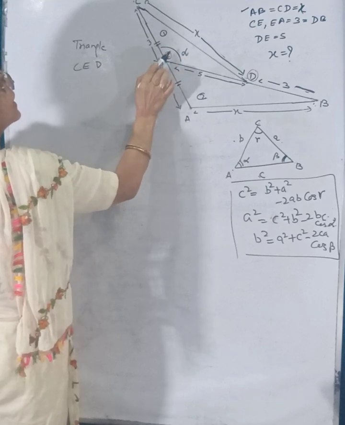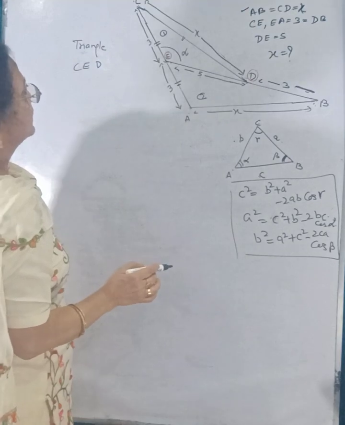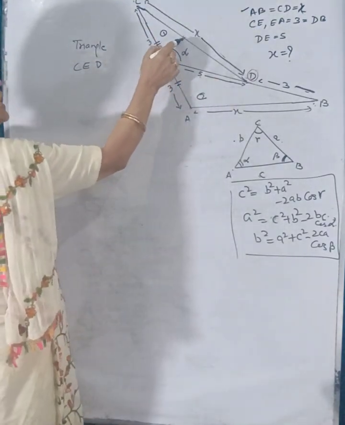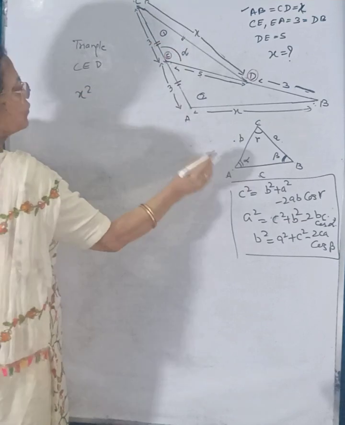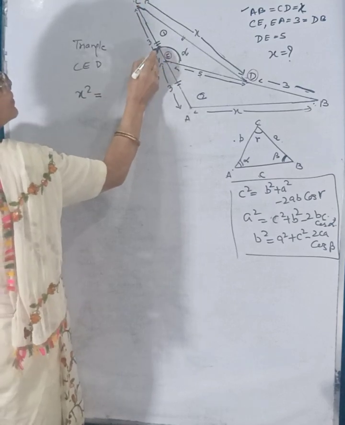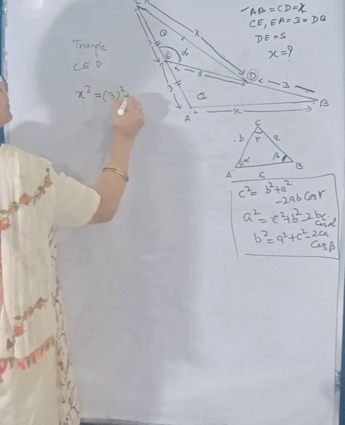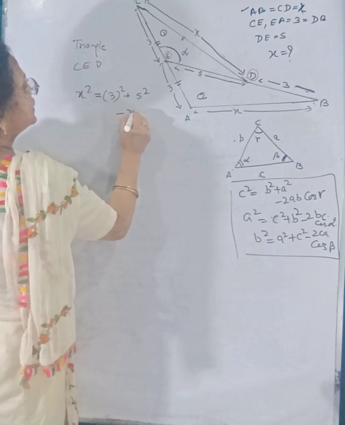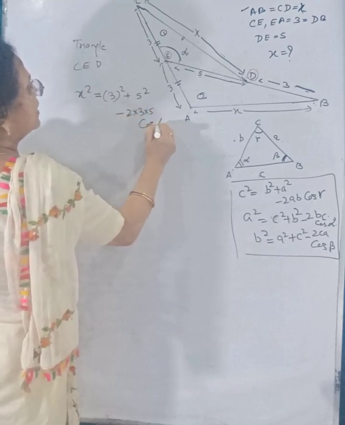In front of this angle alpha is the side of length x. So we can write x square, as per this formula, in between 3 and 5: 3 square plus 5 square minus 2 into 3 into 5 into cos of alpha.